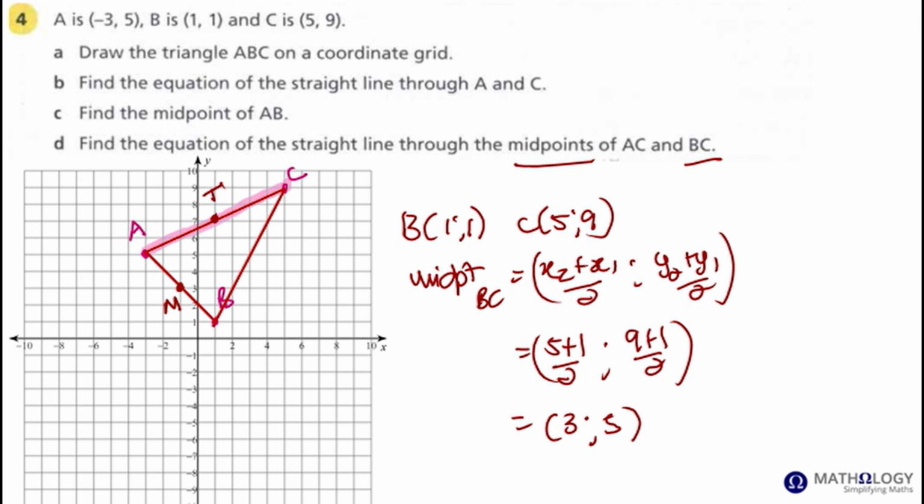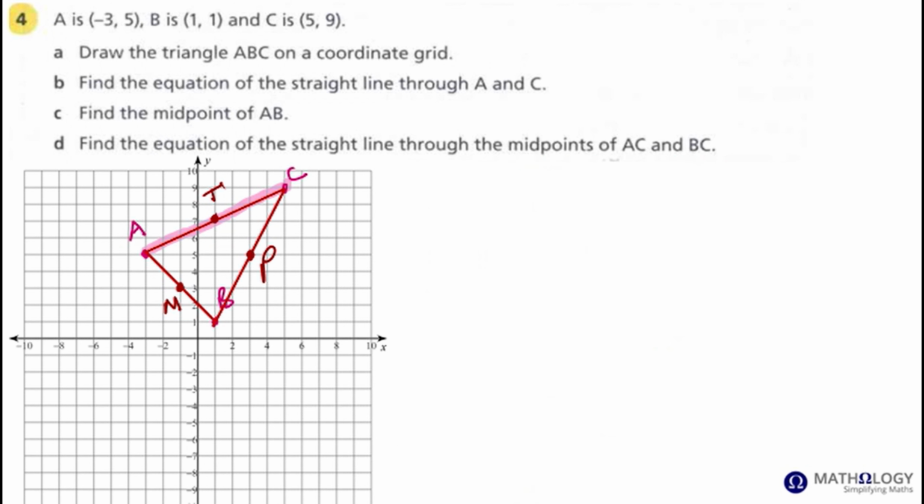We'll call this point P. So they want the equation of the straight line through the midpoints of AC and BC. Notice they want the equation of PT. So T is the point 1, 7. P is the point 3, 5.